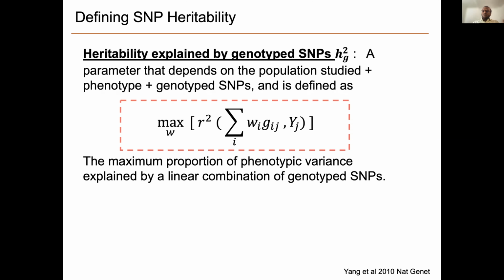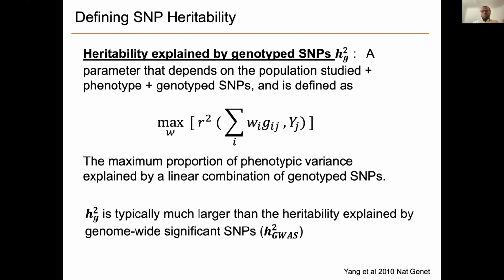So if you look at the formula here, what we are trying to do is find that optimal linear combination W of the genotypes G, such that this particular linear predictor is most predictive of the phenotype Y. And this SNP-based heritability depends on multiple factors. It first of all depends on the population that you are studying, the phenotype that's of interest, and also the set of SNPs that you have genotyped.